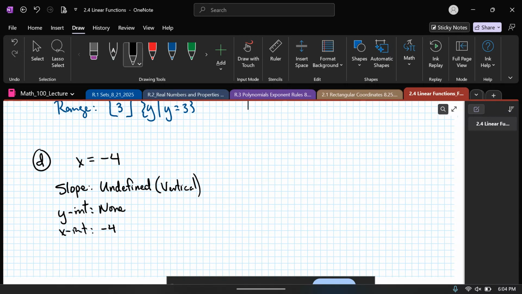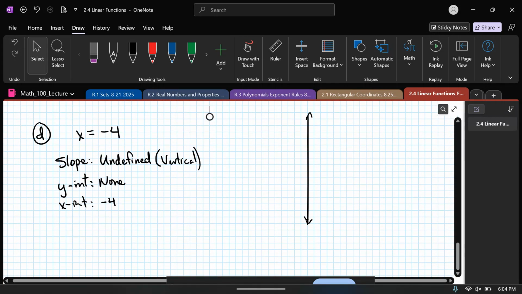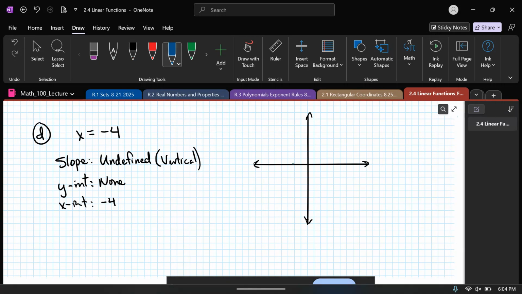So when you go to graph this, get your coordinate plane drawn. You're going to go to that number on the x-axis. I'm going to go to -4. Put my dot, and I'm going to draw a vertical line right there.